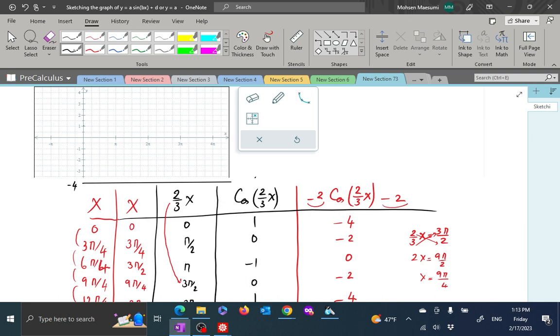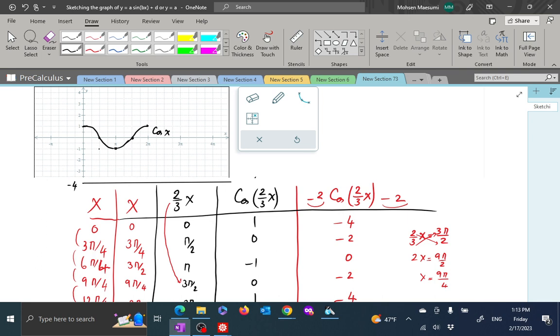So we have 1, 0, minus 1, 0, 1. This is my cosine of x to start with.